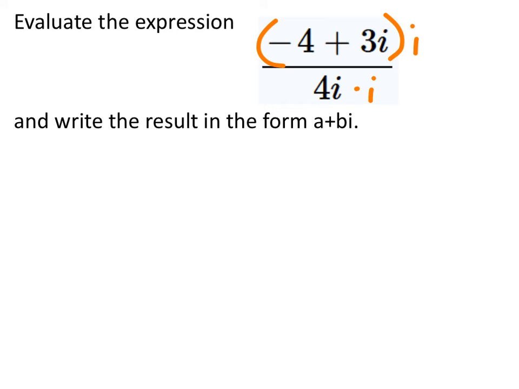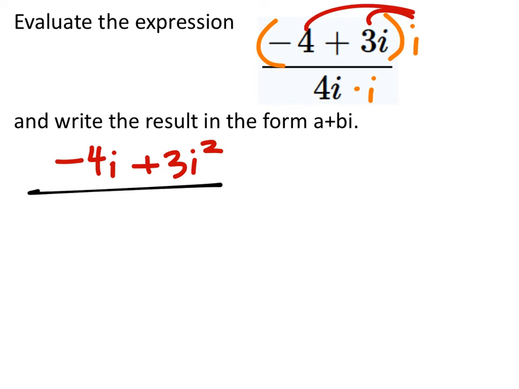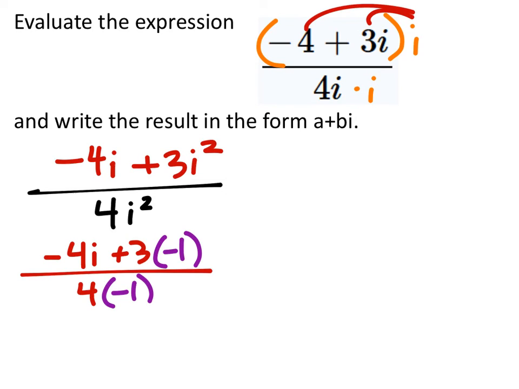Okay? So if I were to look at this and distribute that i, I'd have negative 4i plus 3i squared. And we know where that's going, right? This is all divided by 4i squared. And the i squareds are going to become negative 1. So let's go ahead and multiply those out. So this is our new expression, but it's not technically in formal complex number notation, right?